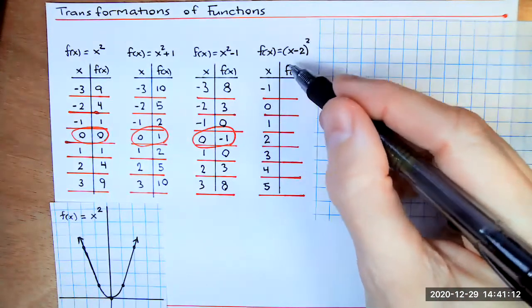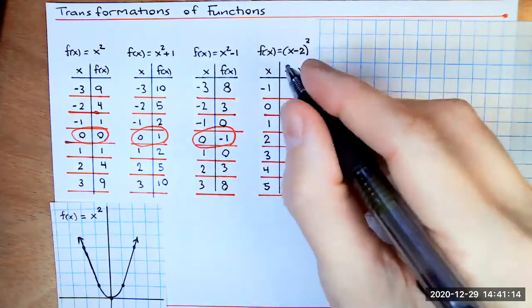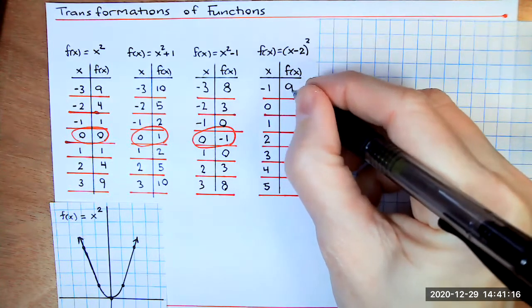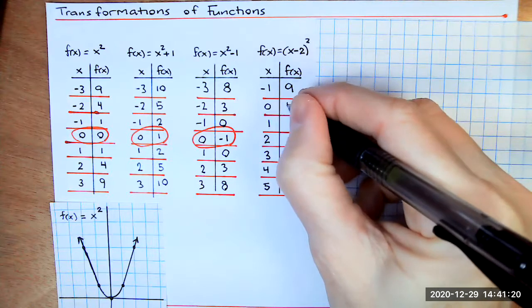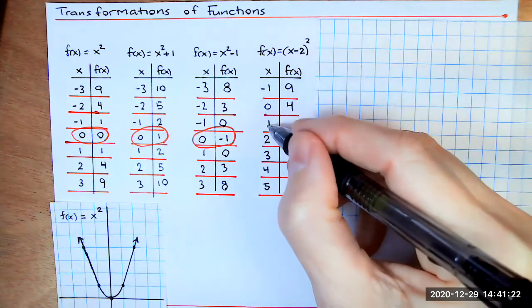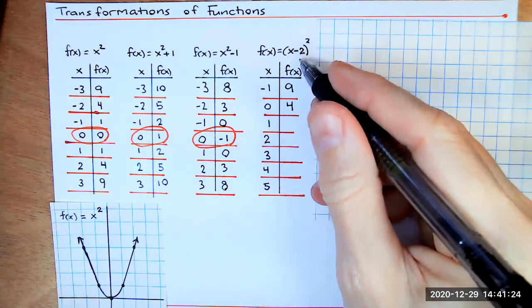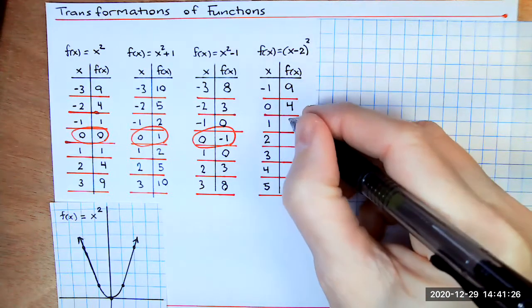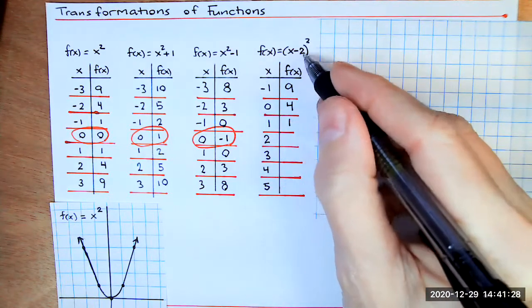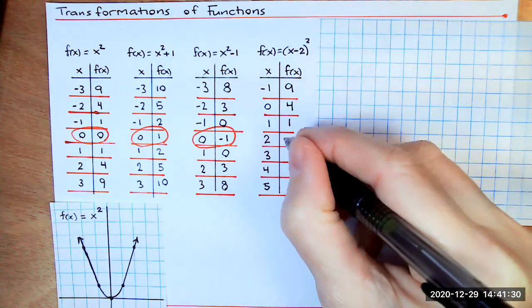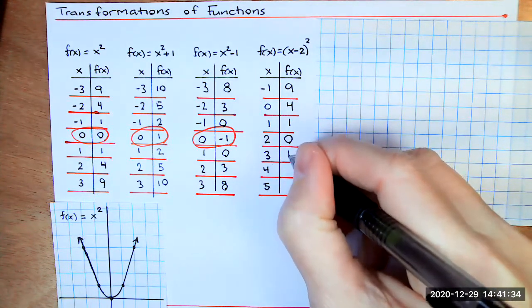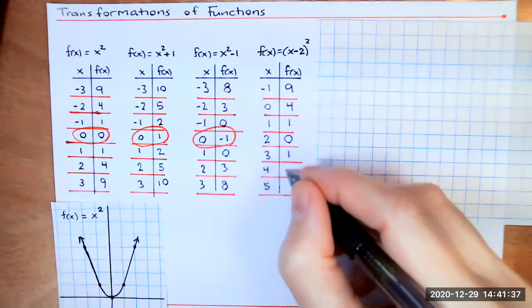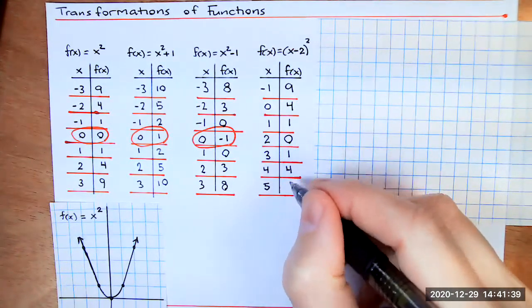Right, so -1 minus 2, squared, is going to be 9. 0 minus 2 squared is 4. 1 minus 2 squared is 1. 2 minus 2 squared is 0. 3 minus 2 squared is 1. 4 minus 2 squared is 4.